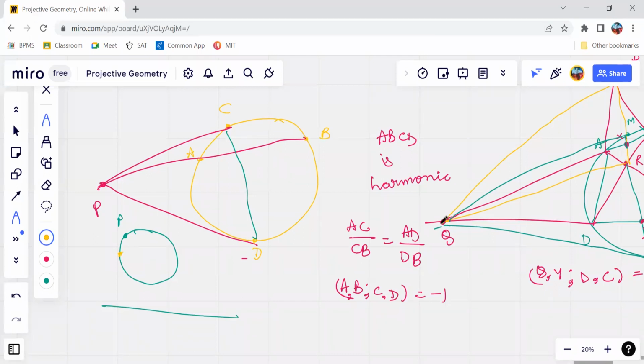Then where does this point go? I'm projecting onto this line through P. The closer and closer you take it, it actually ends up becoming almost this line, which is the tangent. So if you want to project P through P itself, it actually just becomes the tangent.